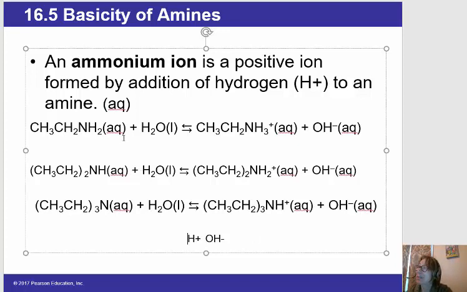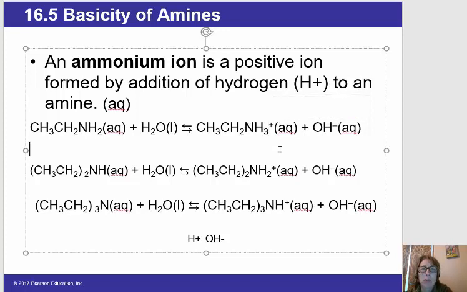Okay, so looking back up at our equation, our primary amine has 2 hydrogens and 1 alkyl group. This reacts with water, and as a base, it's going to pluck a proton from that water molecule, which leaves a hydroxide anion and then the quaternary ammonium cation. So the primary amine has 2 hydrogens bound directly to the nitrogen, and after it reacts with an acid, in this case water, it has 3 hydrogens directly bonded to that nitrogen and an overall positive charge.